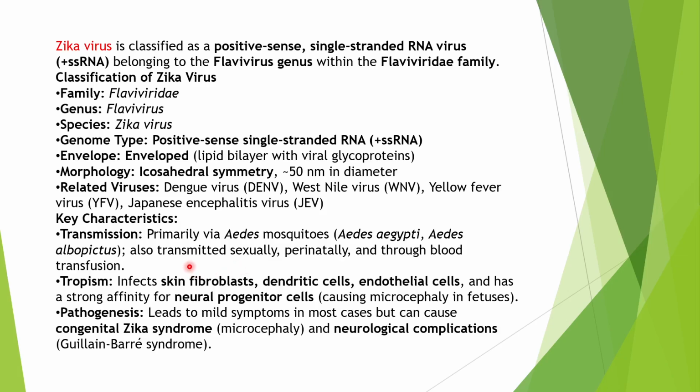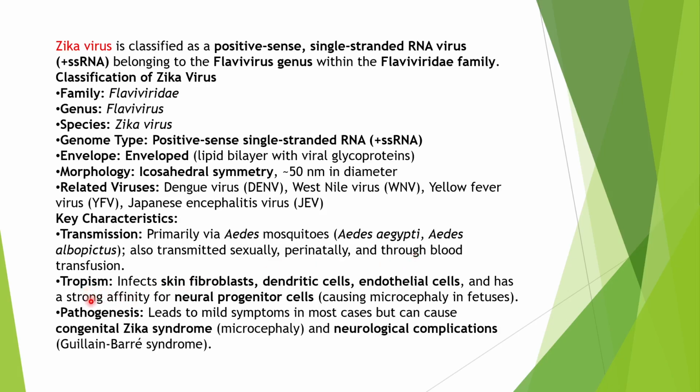So there are multiple modes of transmission, but the major mode, the more probable way for you to get infected, is by a mosquito, that is the Aedes mosquito. Other than this, it can be transmitted sexually, perinatally, and through blood transfusion.